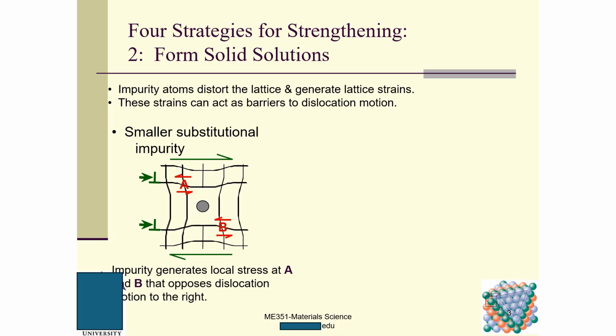So this is the original atoms. They make an arrangement. Suppose we have impurity atoms. So these impurity atoms will distort the lattice and generate lattice strain.